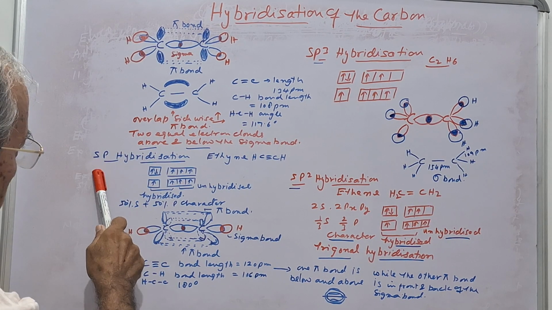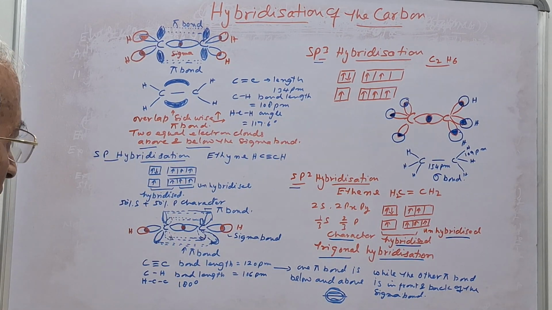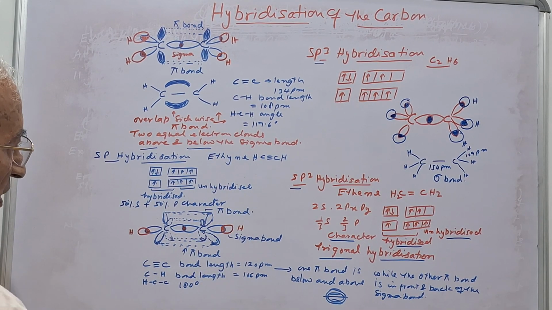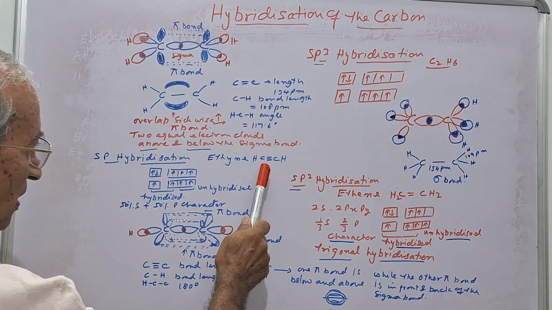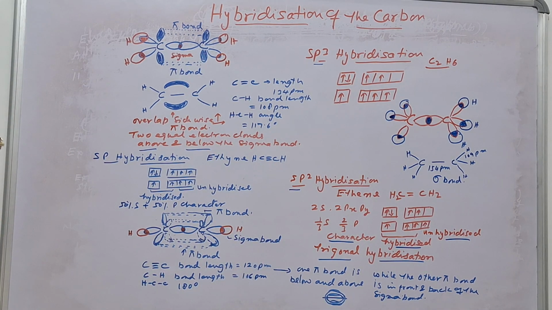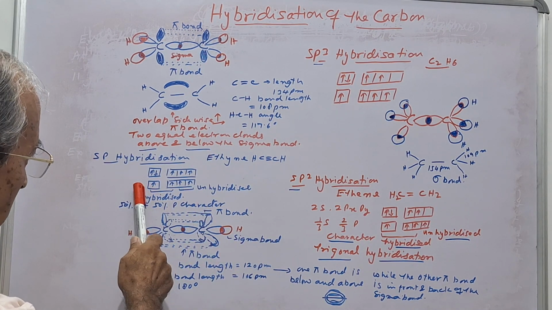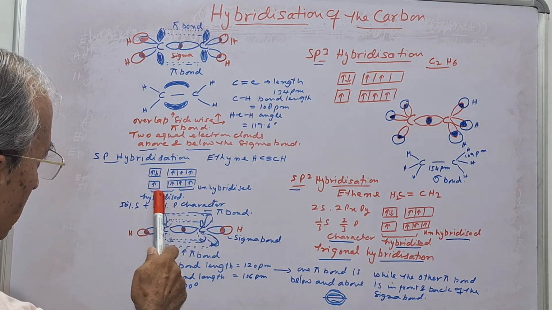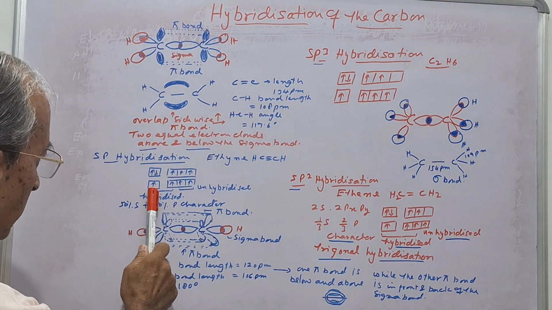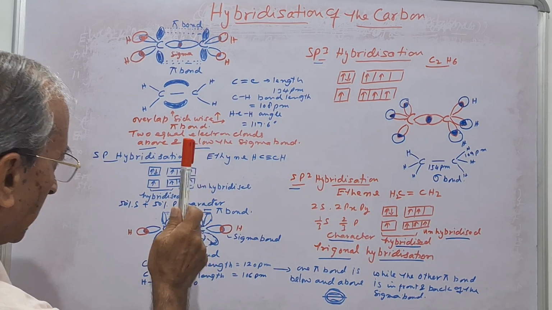Now in the case of sp hybridization, if we take the example of ethyne or acetylene, a triple bond is between the carbon and carbon atom. Here we see the excited state, one electron from the 2s is promoted to the 2p.